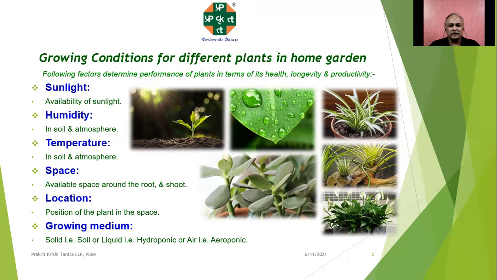Transpiration rate also is determined by temperature in combination with humidity, and also soil temperature, because every plant has its own adaptability range of temperature, in the atmosphere and in the soil, for seed germination and further root growth. These are the three most important factors on which we don't have any control.